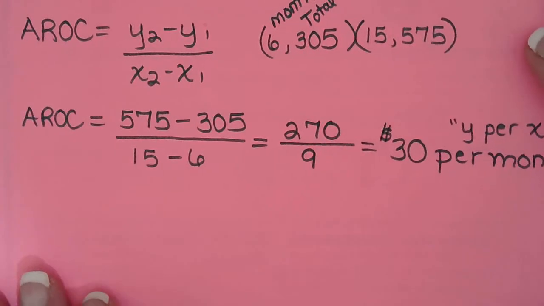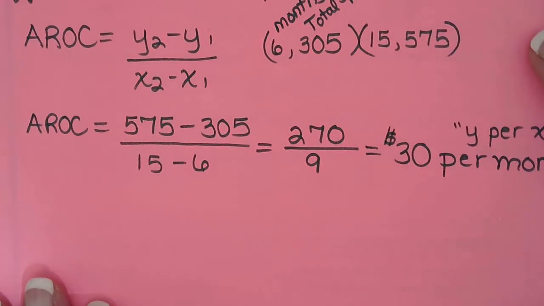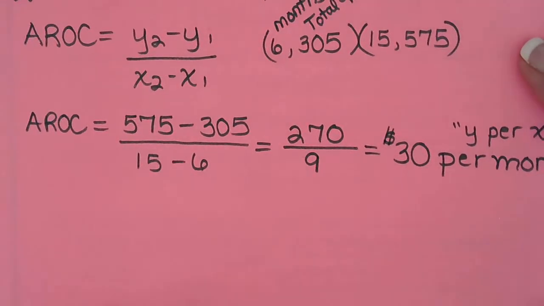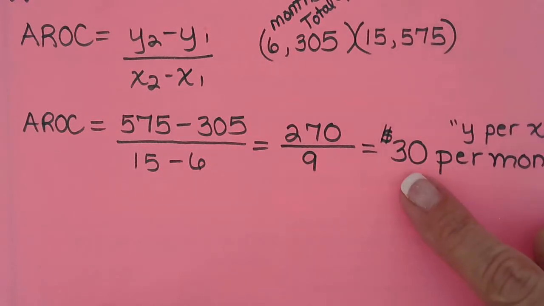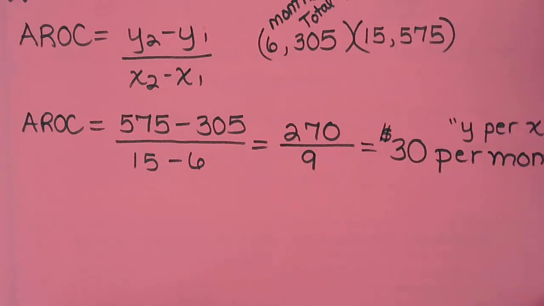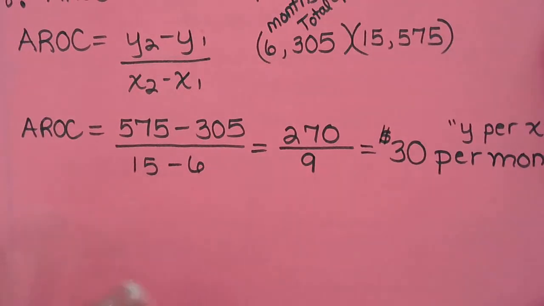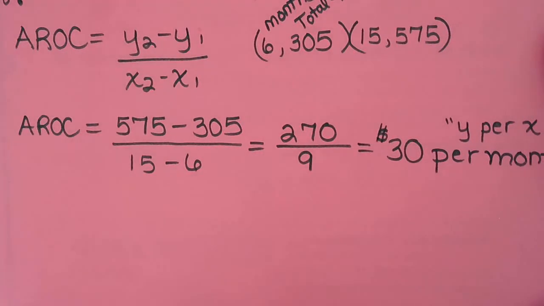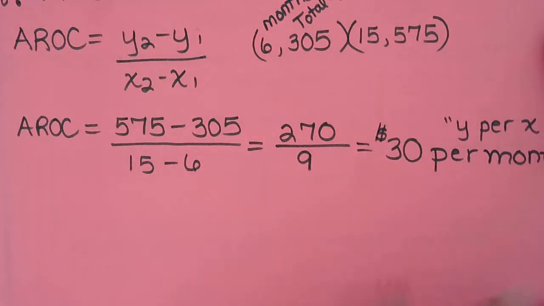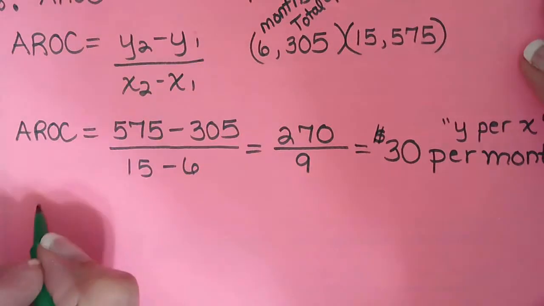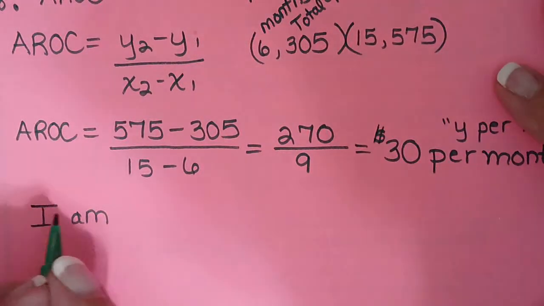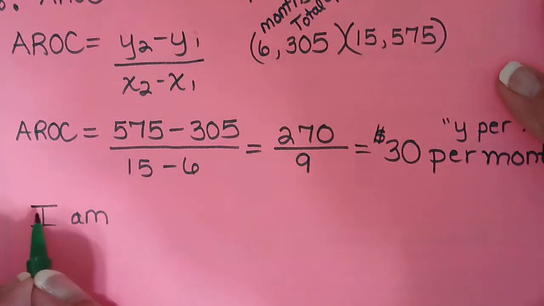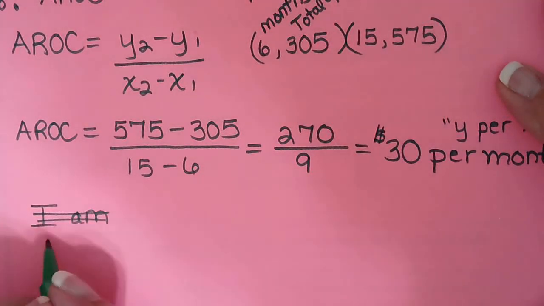Okay, so let's write a sentence about this. So I am paying $30 per month for my gym membership, because it says average rate of change, but using that word in this kind of problem is weird. So just tell what it is per month. Let's write it a little less.